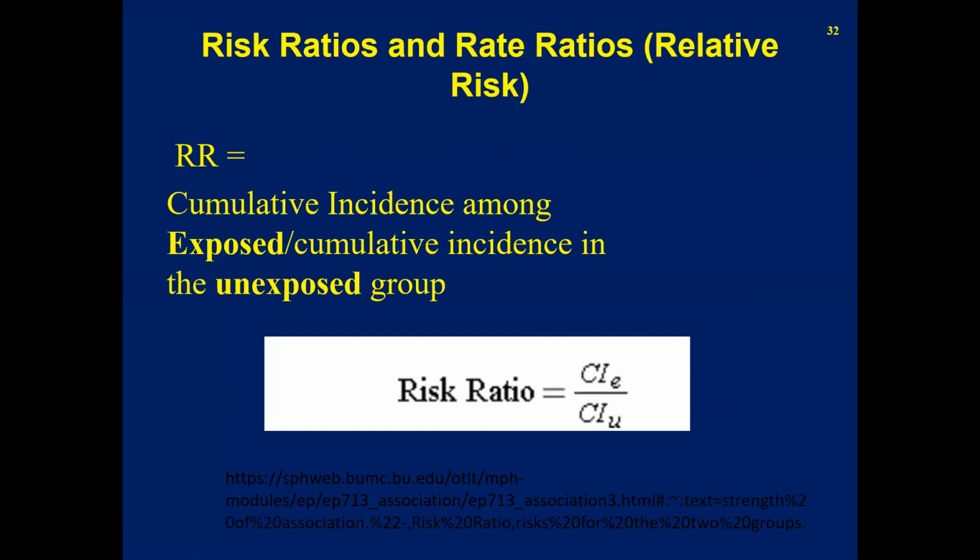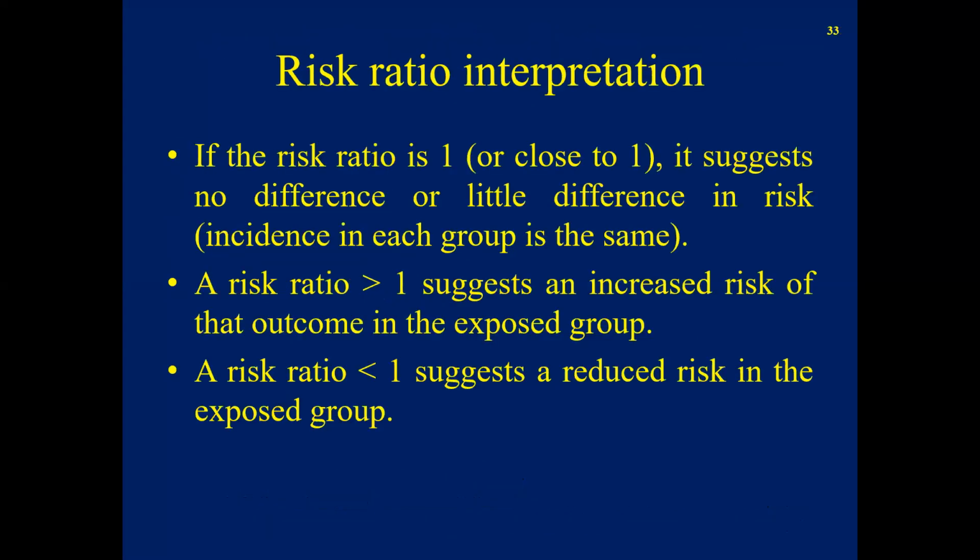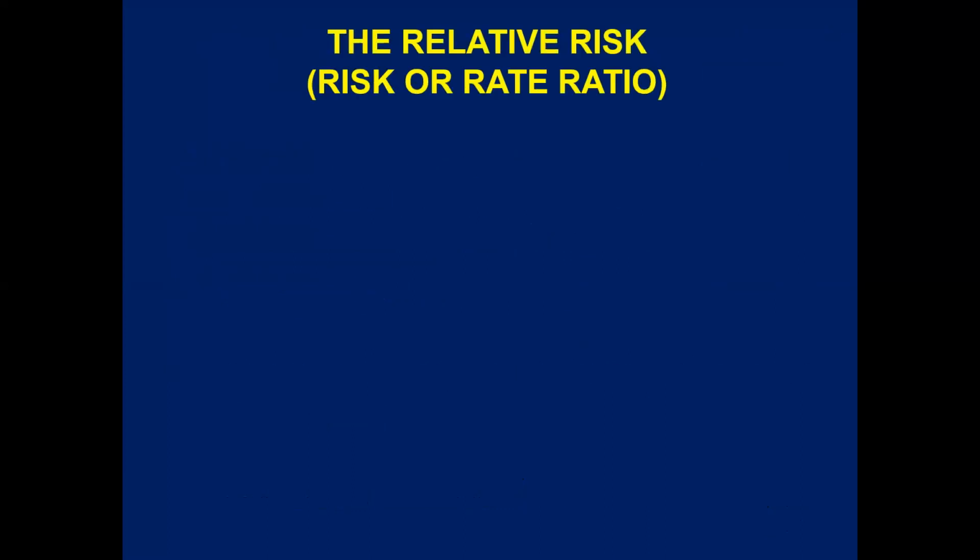These terms like risk ratio, rate ratio, relative risk, all are used synonymously. And this is the interpretation. If the risk ratio or the relative risk is 1, we can say that there is no difference between the exposed and the unexposed group. If it is greater than 1, there's an increased risk of outcome in the exposed group. If it is less than 1, there's a reduced risk in the exposed group.